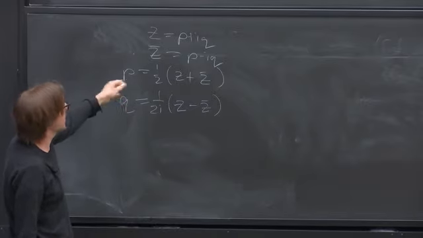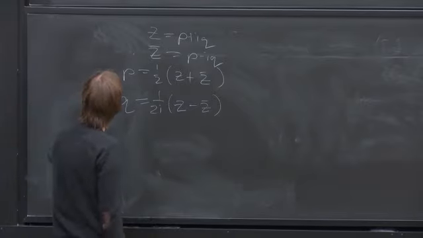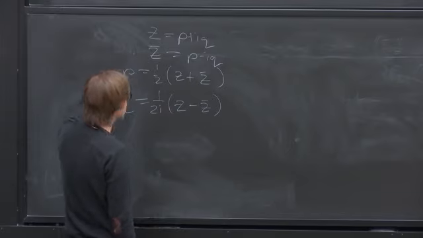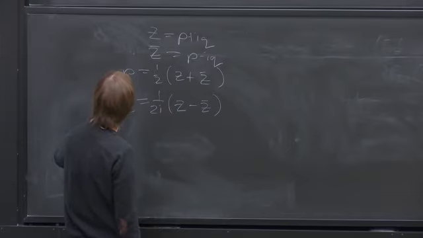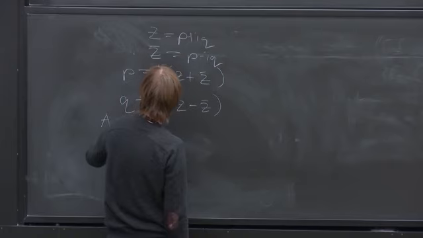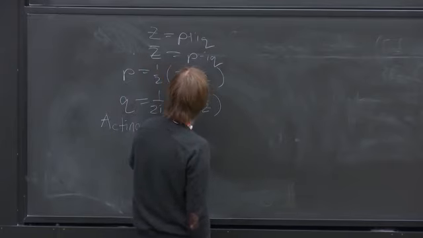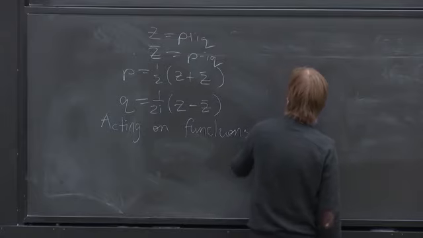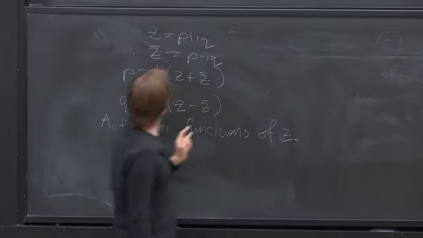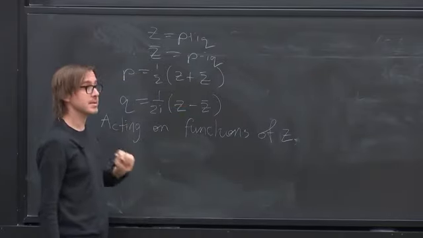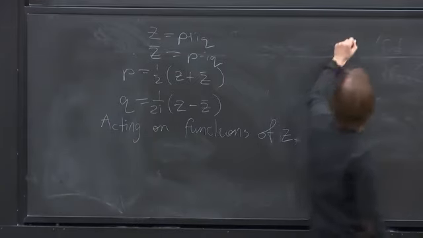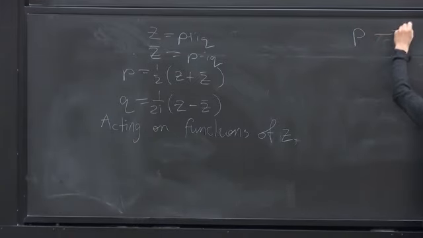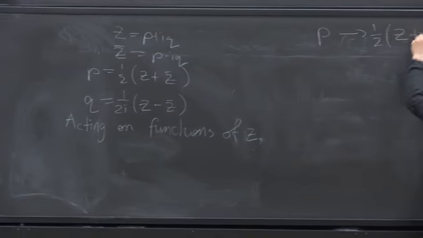So up to some factors, p and q can become operators by the rule that z bar becomes d/dz. p gets sent to a half (z plus d/dz).